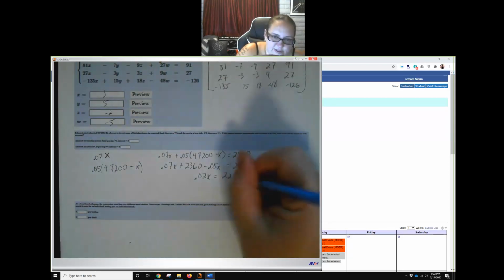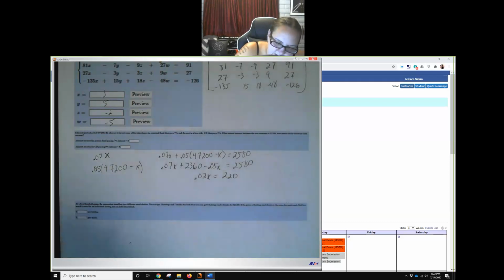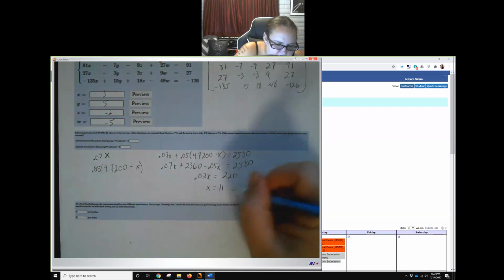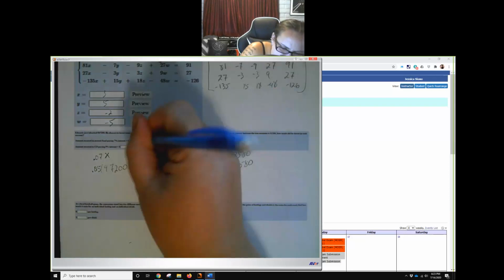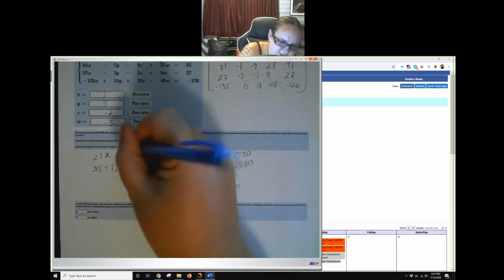Lots of twos. 220 divided by 0.02 means that at 7%, he invested $11,000. And then he invested the rest at 5%. So 47,200 minus 11,000, 36,200.